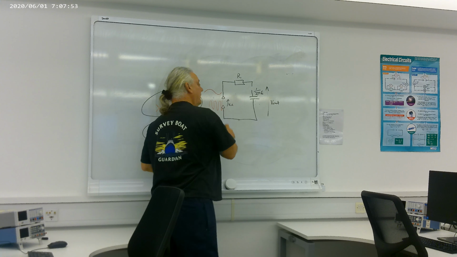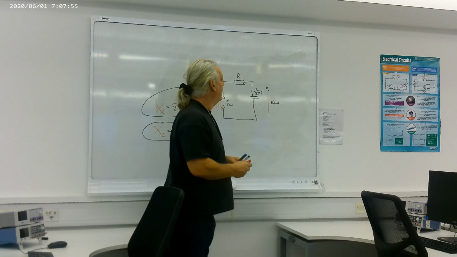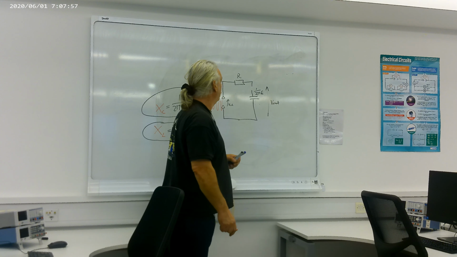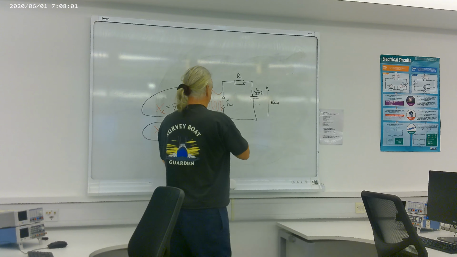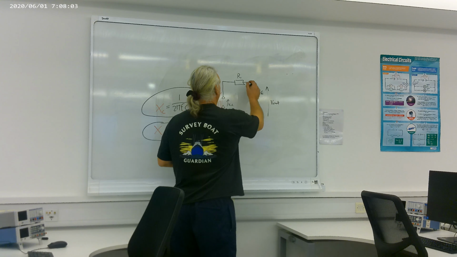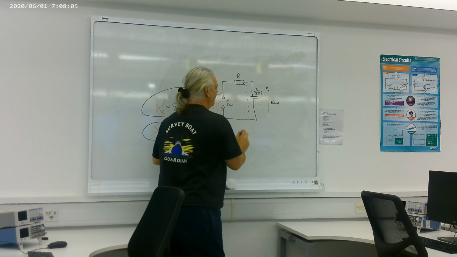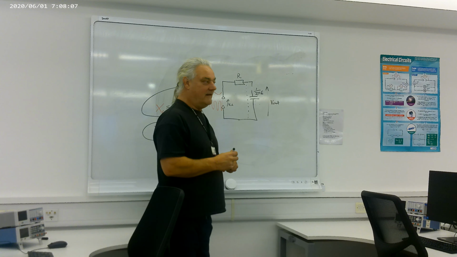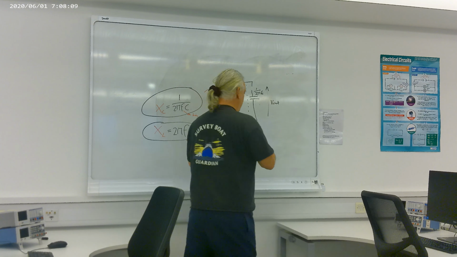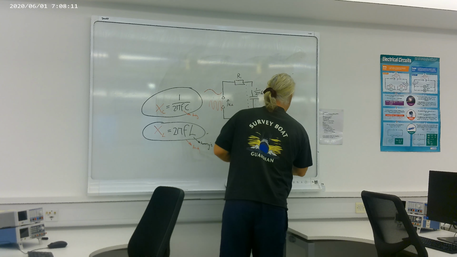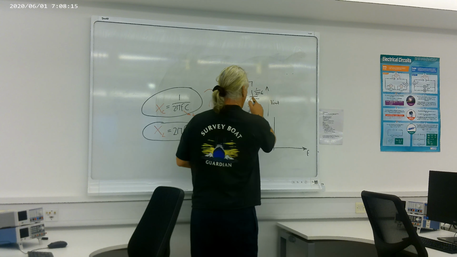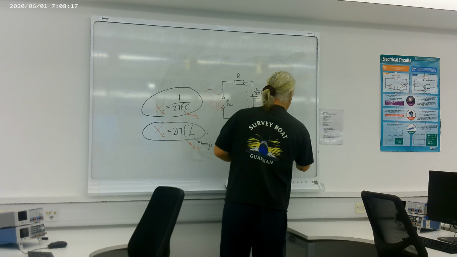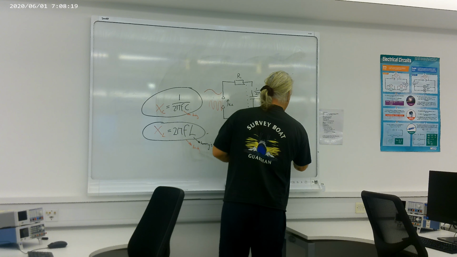What happens if I make the wave here high in frequency? Well, you've got 1 upon big, which is small, which means that effectively this becomes a short circuit. So, what have I got? I've got a graph, if I do these two extremes: at high frequency, the output goes to 0.